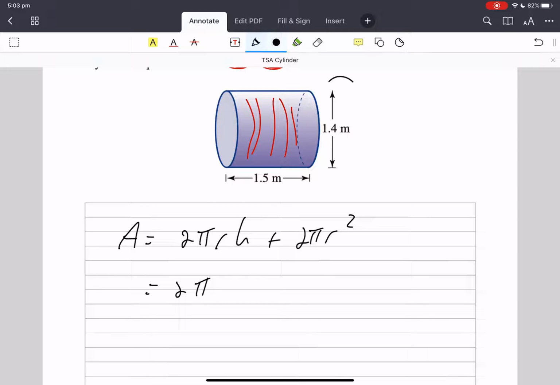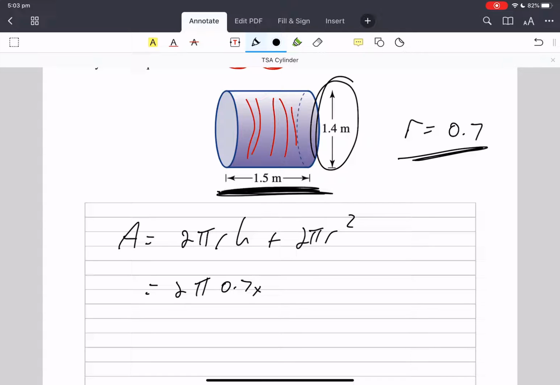What's my r? My r is 1.4, isn't it? No, you say it's 0.7. And what's the height? The height is the distance between the two circles. And my radius again.